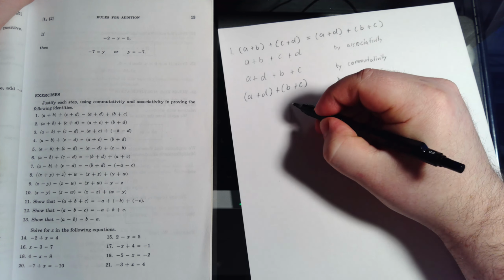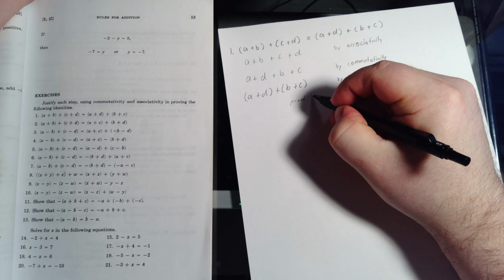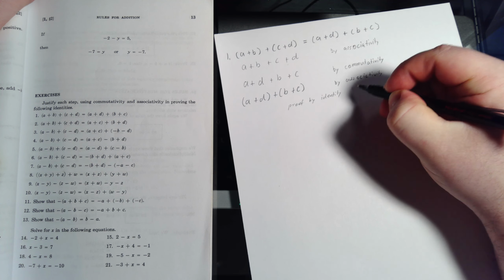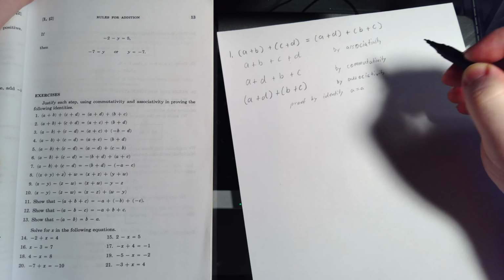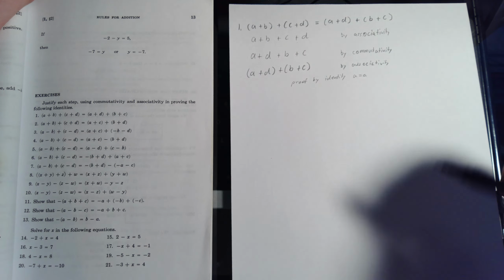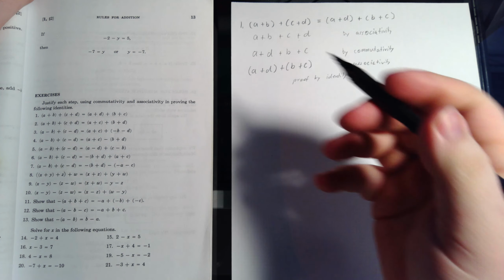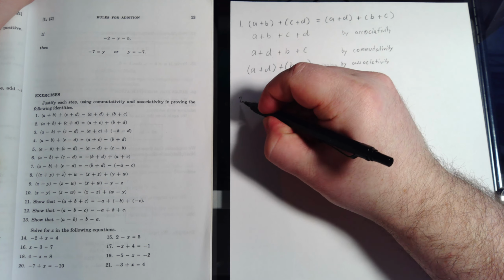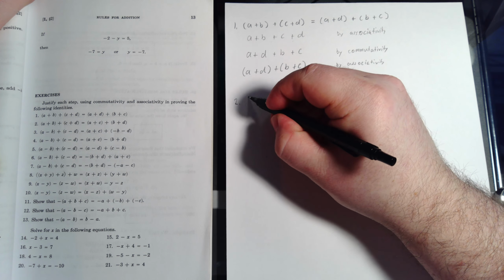And we can write down proof by identity, A equals A. That solves problem 1.